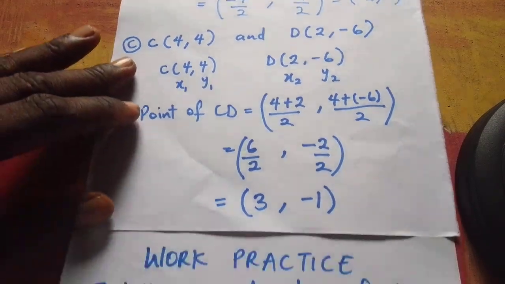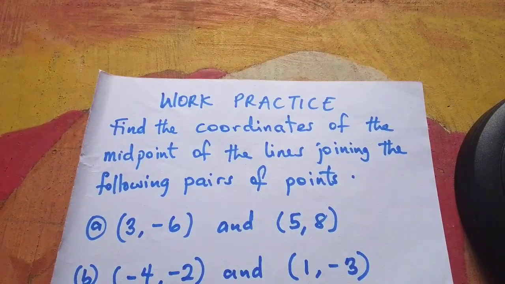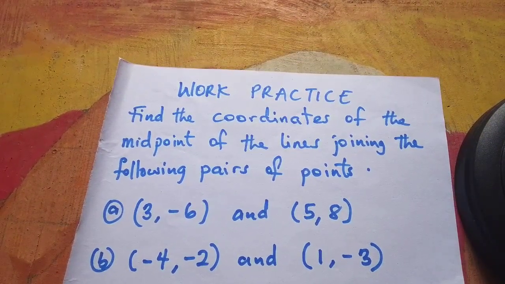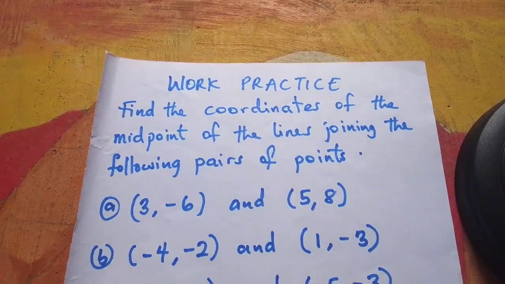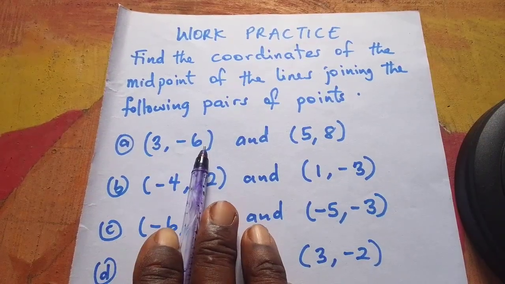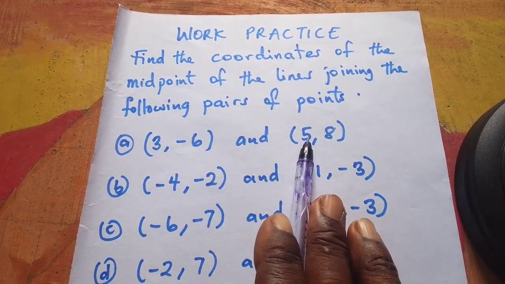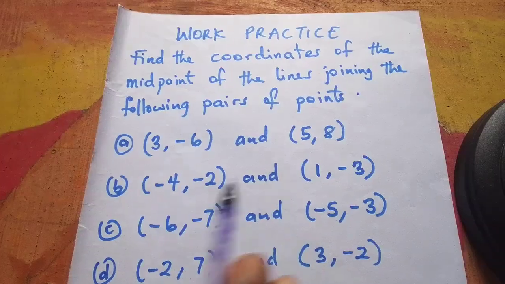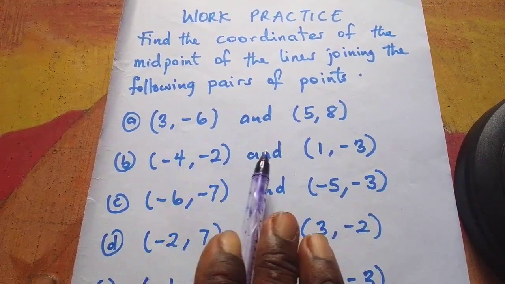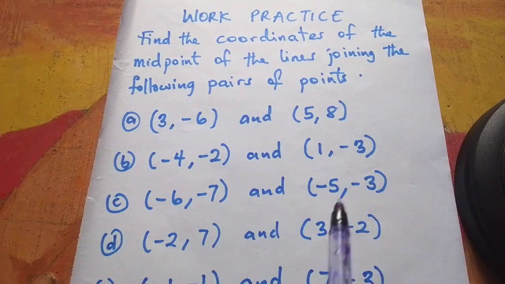So for your work practice, find the coordinates of the midpoint of the lines joining the following pairs of points. A is 3 and -6, and this one is 5 and 8. B we have the coordinate -4 -2 and 1 -3.